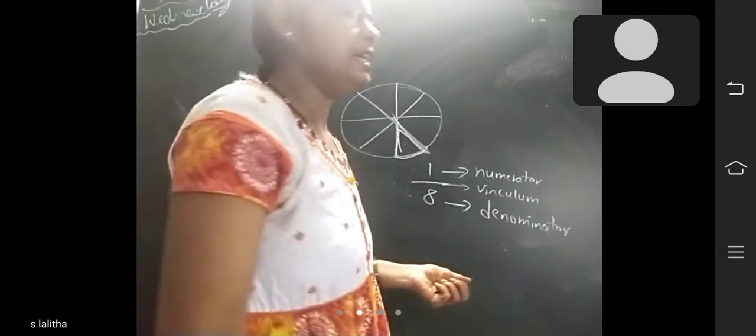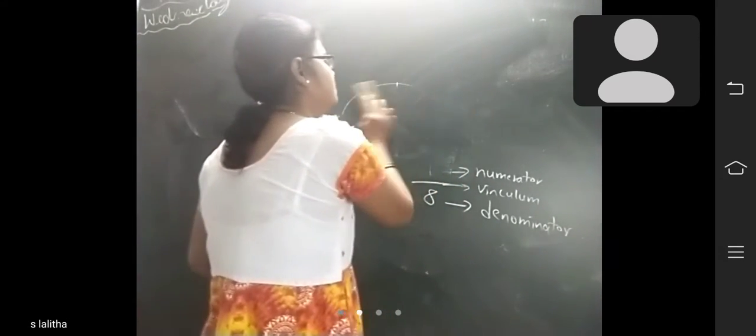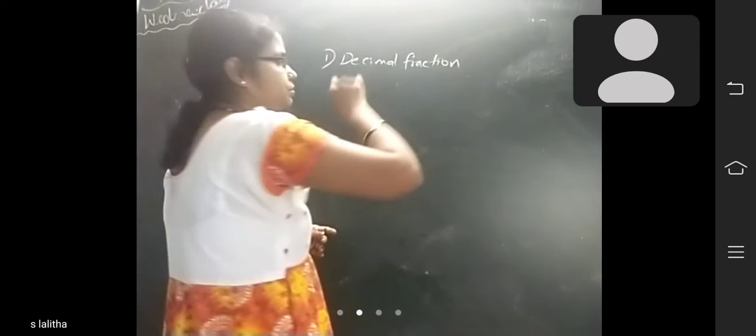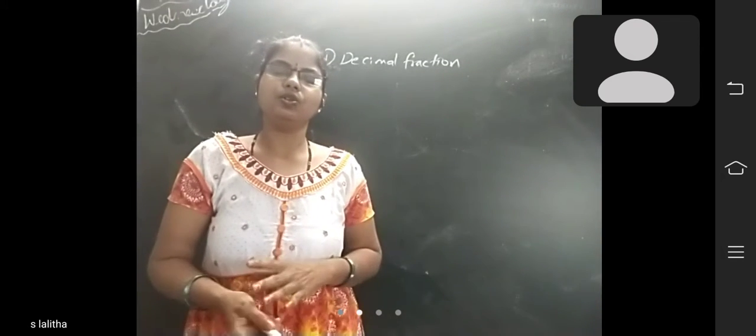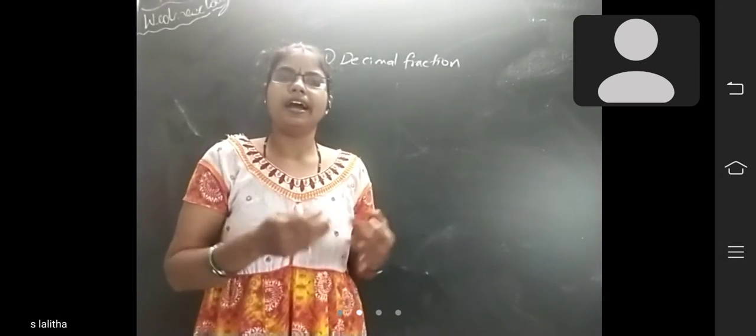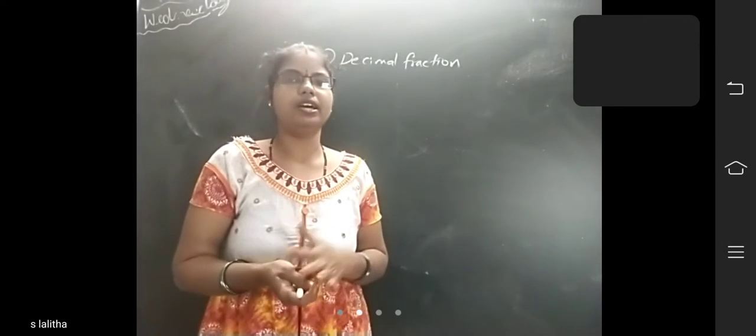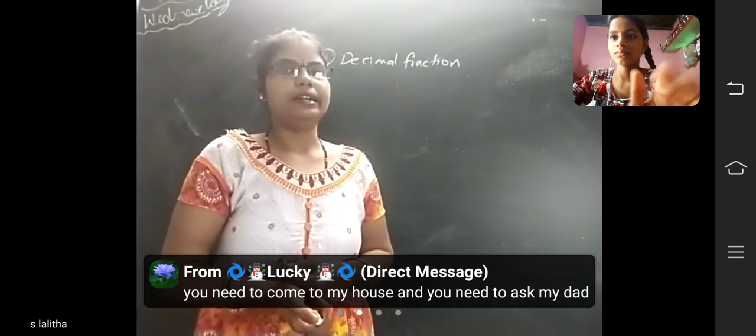Now the next topic is types of fractions. What are the types of fractions we learned in the previous classes, children? The first fraction is the decimal fraction. What is called a decimal fraction? Fractions whose denominators are 10, 100, 1,000, 10,000, and so on are called decimal fractions.